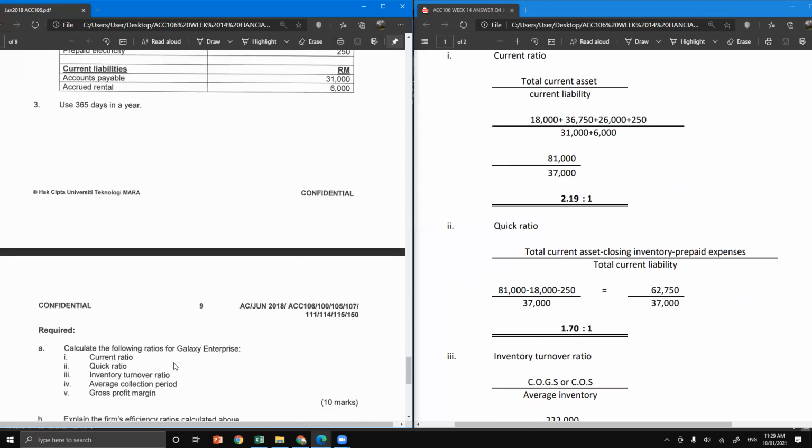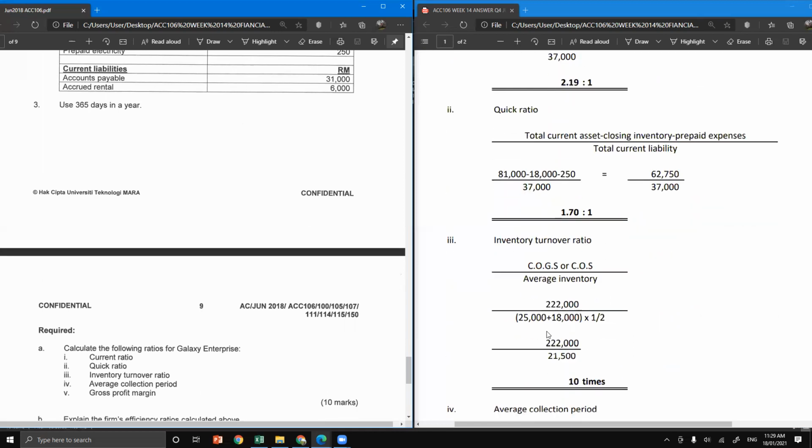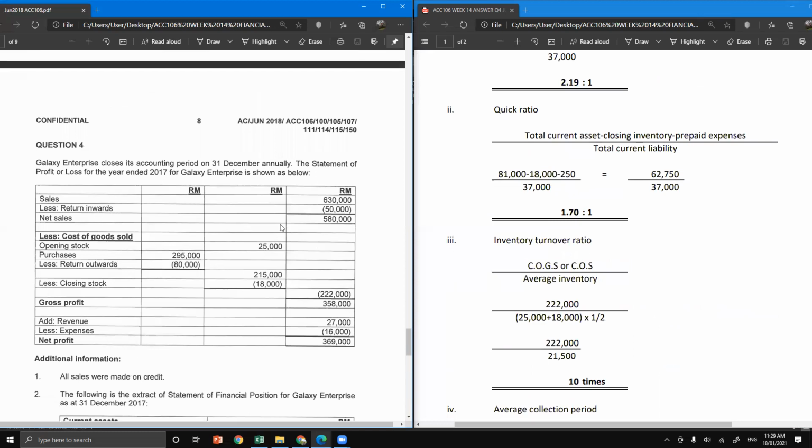For question 3, inventory turnover ratio, the formula is cost of goods sold, or cost of sales, divided by average inventory. Cost of sales is given in the statement of profit or loss, amounting to 222,000 ringgit. Then you need to find out the average inventory. For average inventory, the formula is opening inventory plus closing inventory, times half.